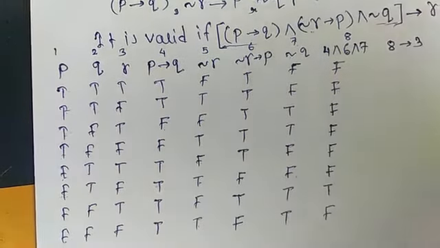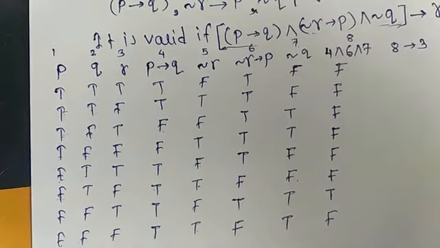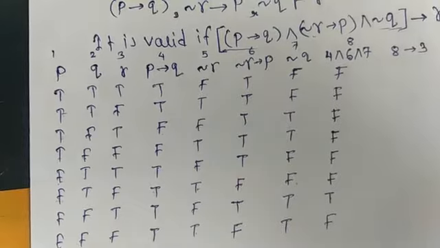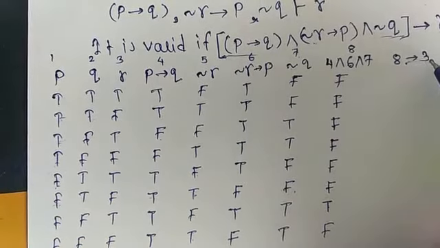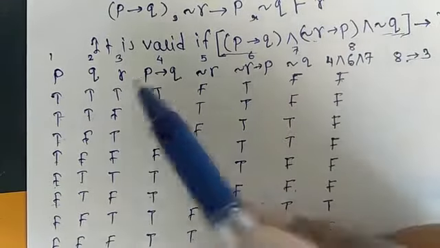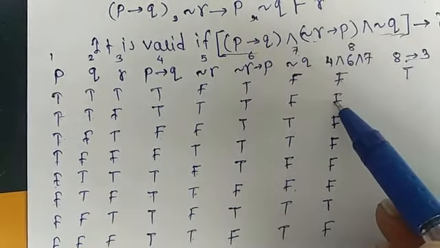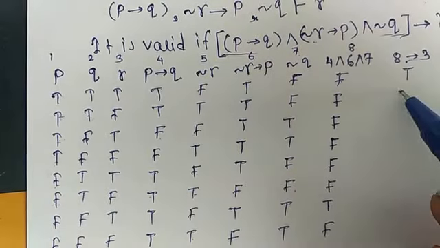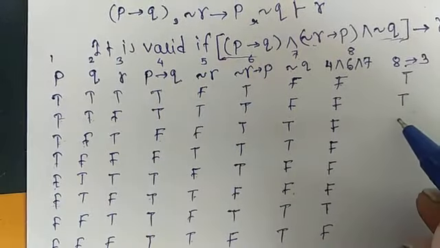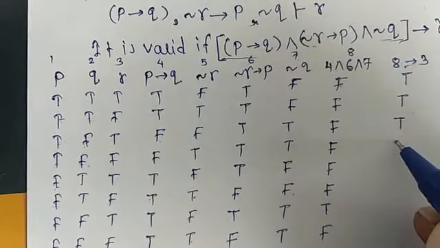For OR, you may take three columns at a time, because for OR, if one of them is true, it will be true. So now column 8 implies column 3. First, false implies true, it is true. Next, false implies true, it is again true. Next, false implies false, it is true. Next, false implies false, it is true.